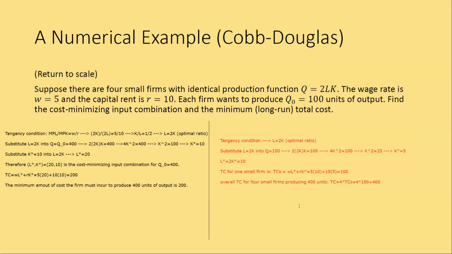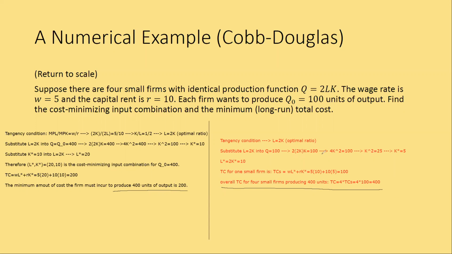And probably you can see the difference now. Previously, the minimized total cost for the single large firm that produces 400 units is only $200. But now, if we have 4 small firms, their overall total cost is $400, which is twice as large as what the large firm would have to incur.